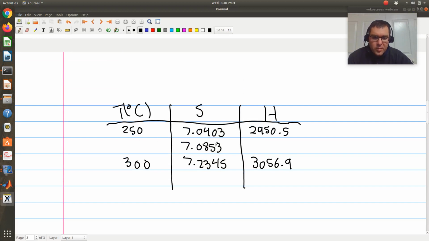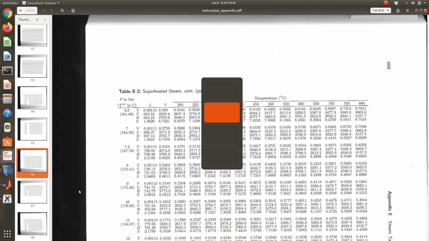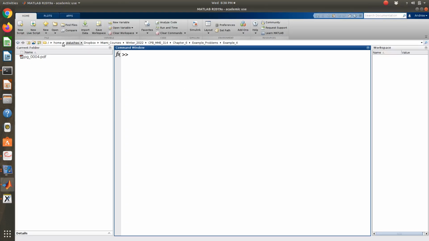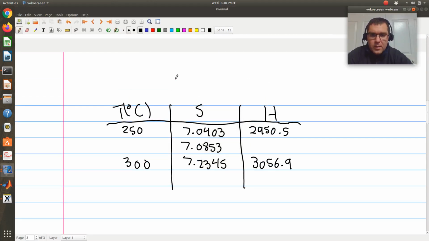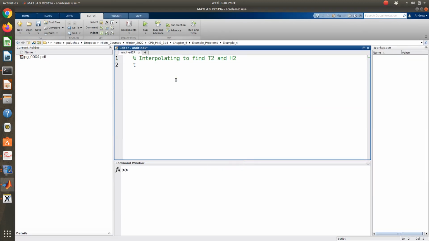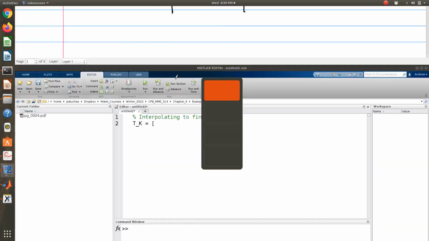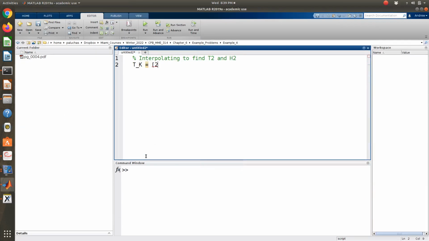Okay, so I need to interpolate to find my temperature and enthalpy. Let me try and get MATLAB on top here. And so let me create the interpolating variables. I'll call them T2 and H2. And let me create a vector of my temperatures. Okay, so I have 250 and 300.